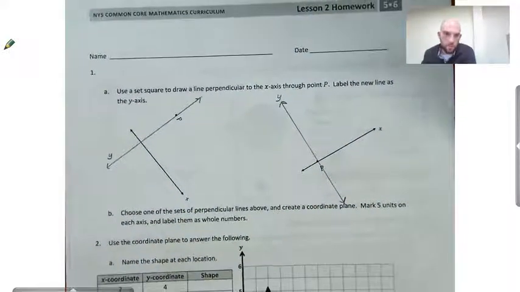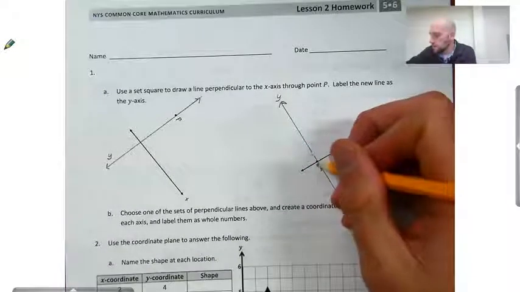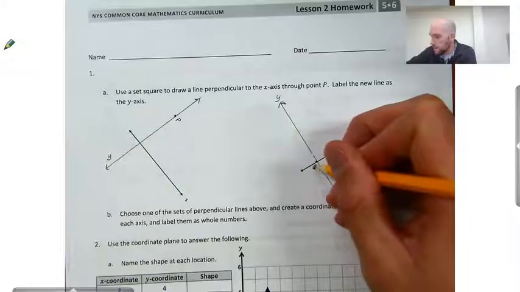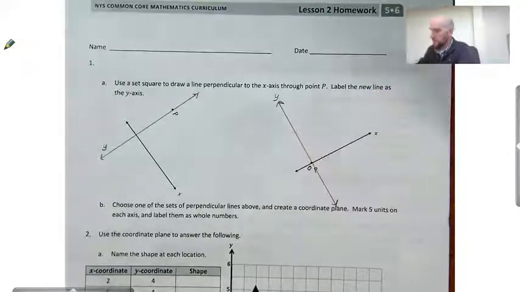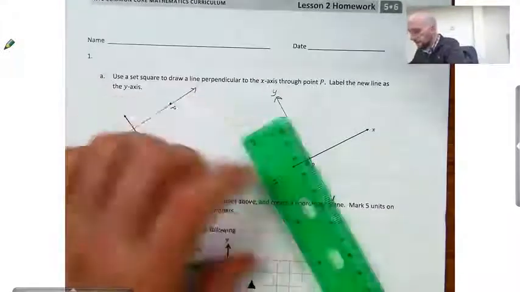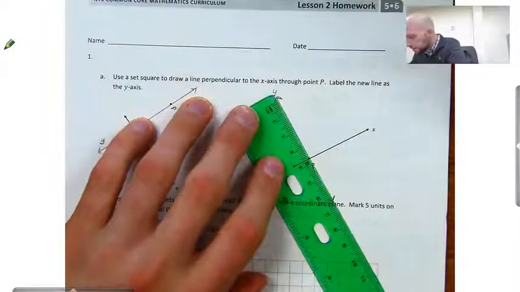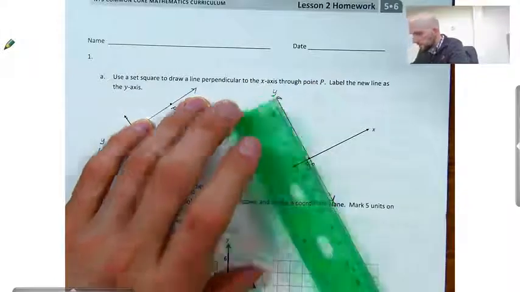Letter B says choose one of the sets of perpendicular lines above and create a coordinate plane. Mark 5 units on each axis and label them as whole numbers. So I'm going to use this one right here. So this point right here where they meet will be 0. And I'll use my ruler so we can make these equally spaced.